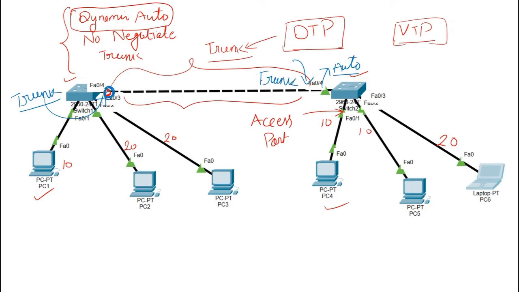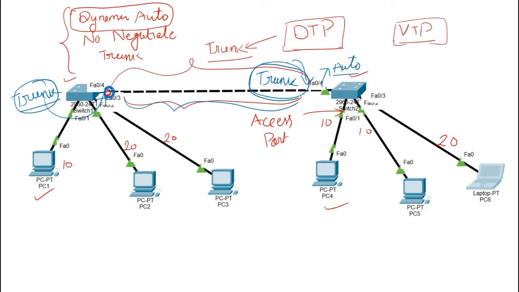In the previous session we discussed that if we configure trunk on just one side, then by default trunk communication will happen, and we can pass multiple VLANs through that link.